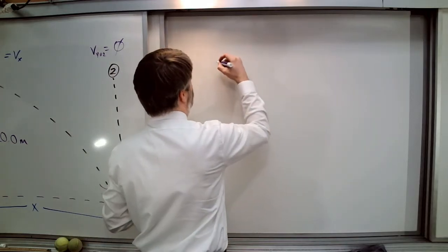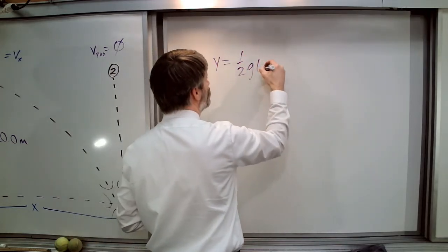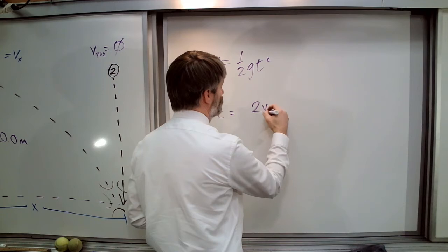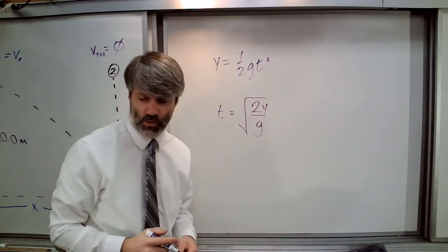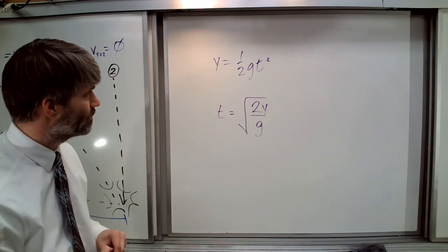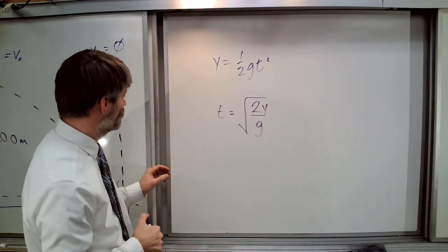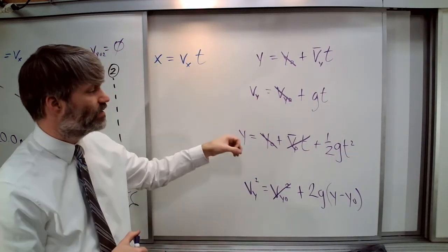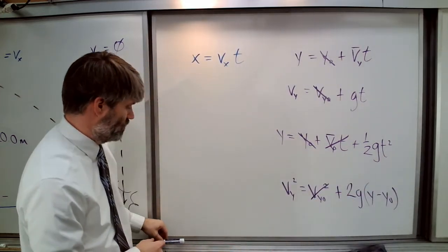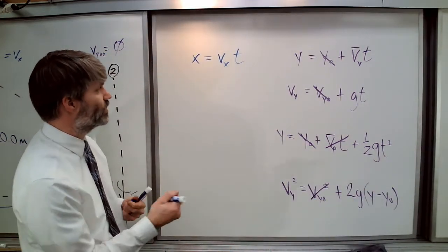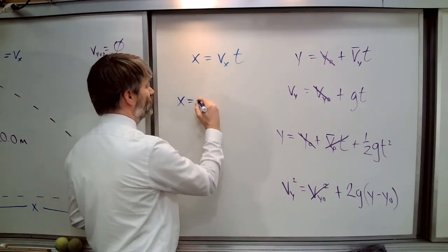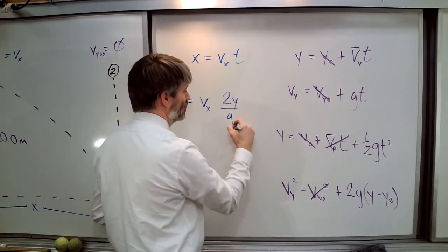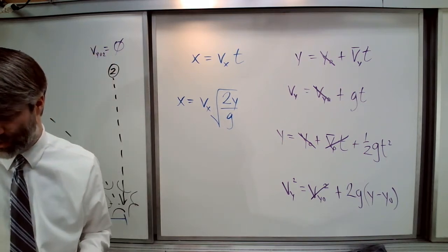So if y is 1/2 g t squared, then t is the square root of 2y over g. In which case we know t. So let's just put that in. I'm going to rewrite this as x equals vx times t, which is vx times the square root of 2y over g.